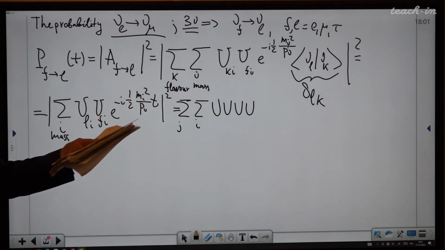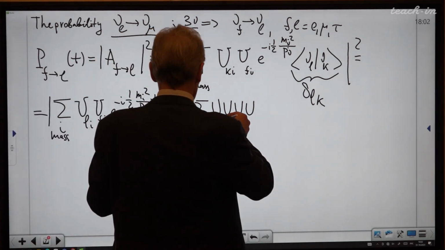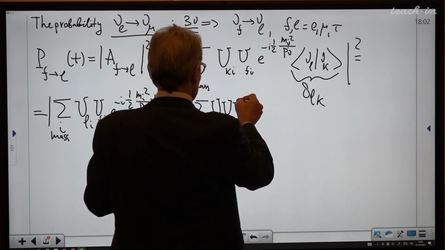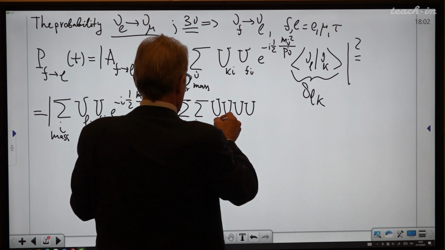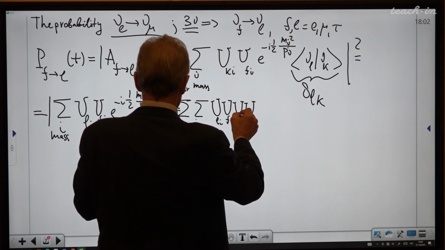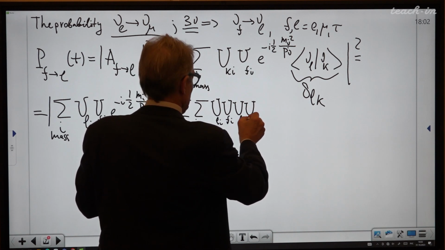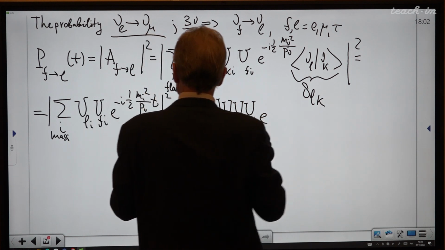You can make an equal expression for this, but one has to be very accurate with indices: U_Li, U_Fi, U_Lj, U_Fj. Okay?